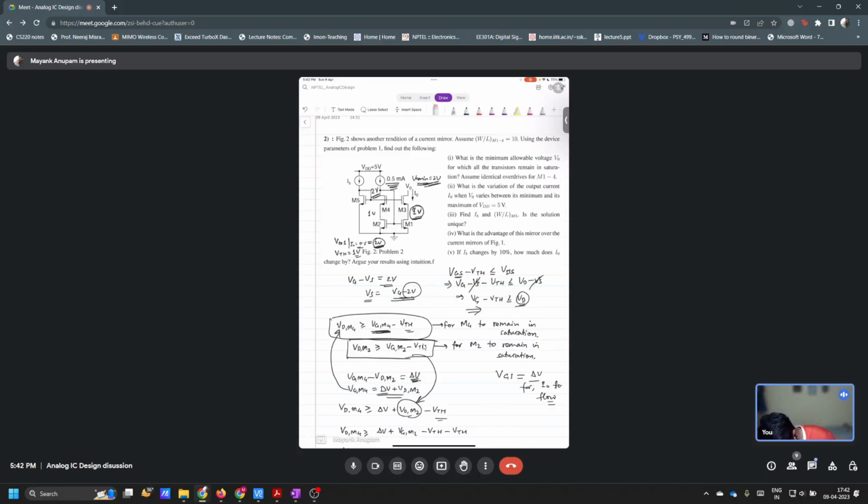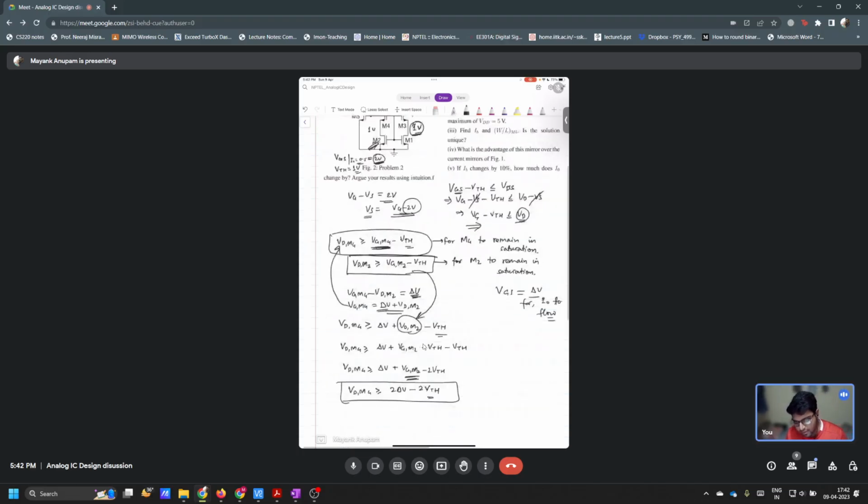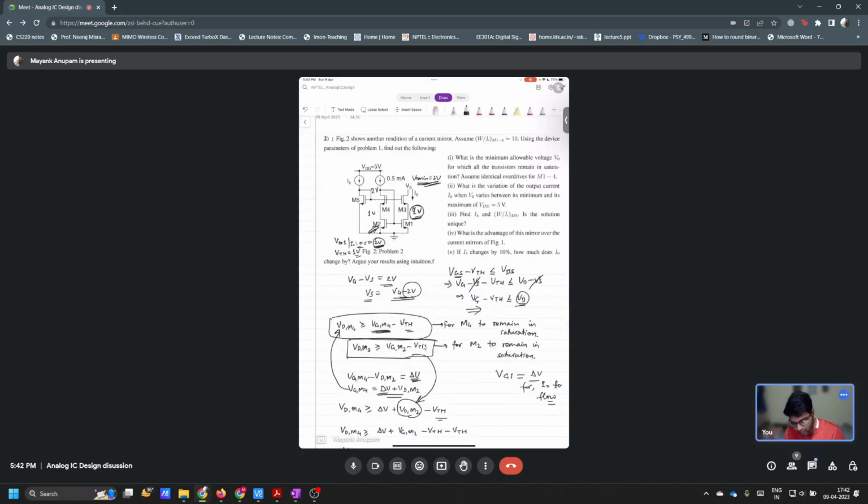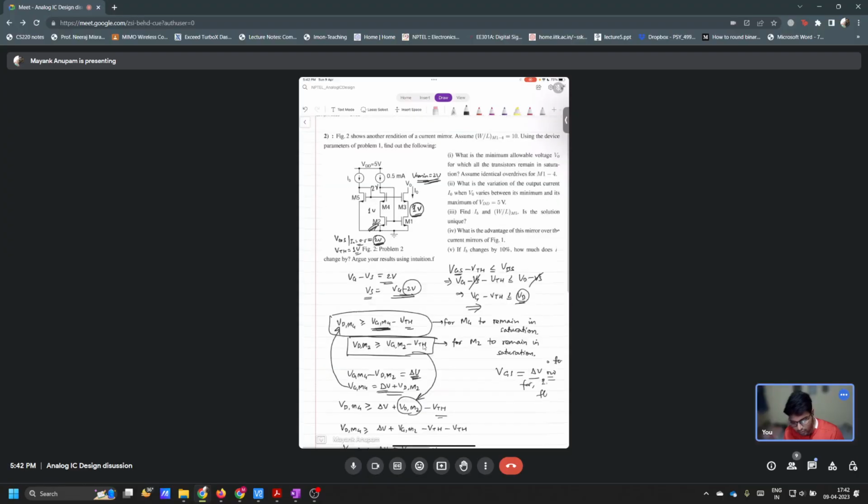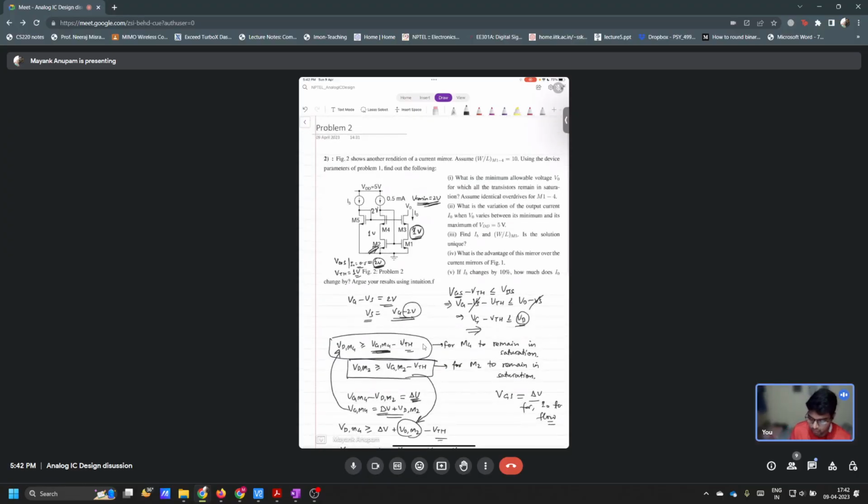When you start designing, you will see that this is a problem with this kind of telescopic cascode. Whatever maths I was trying to do here basically translates into a certain constraint on the threshold values of these transistors.